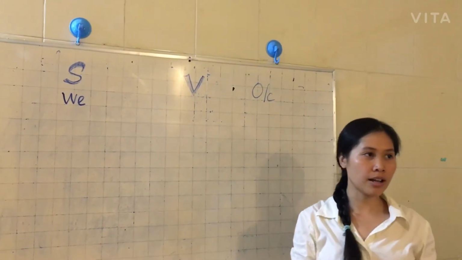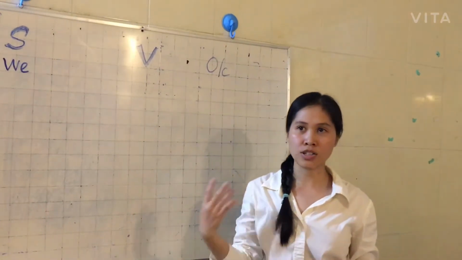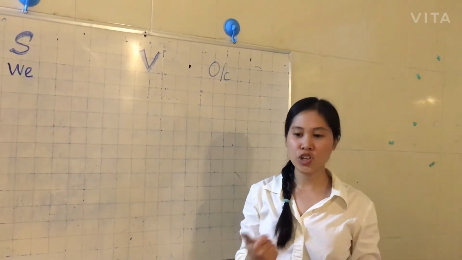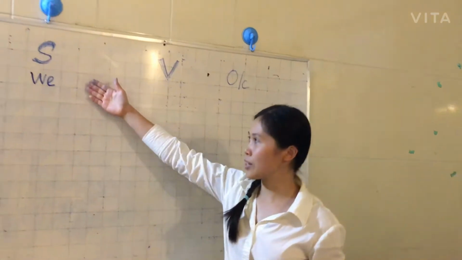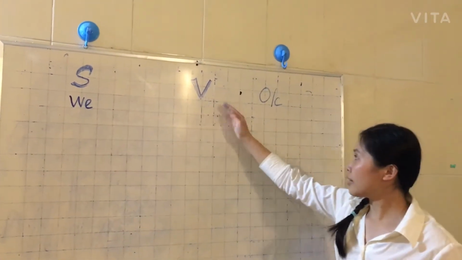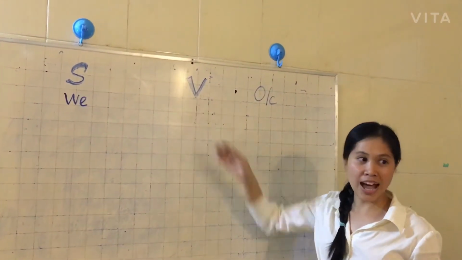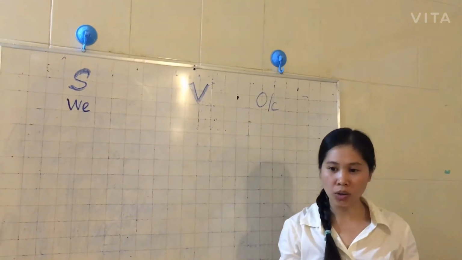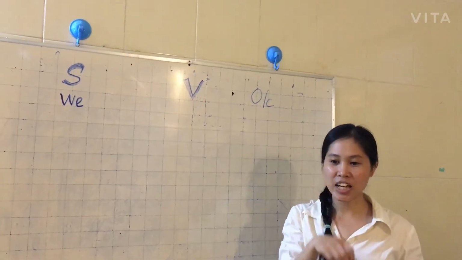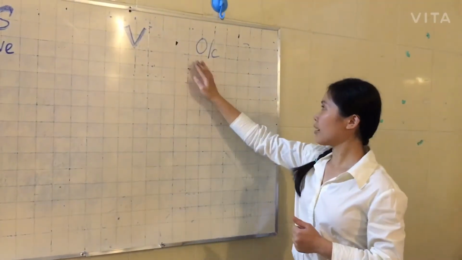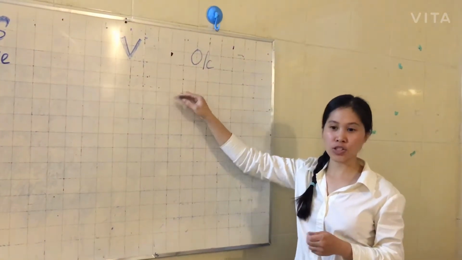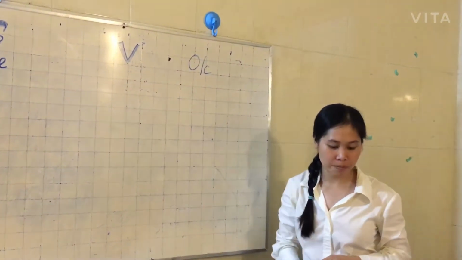For another subject, for example, I, you, she, but today we will mention we. And verb is the action like go, eat, drink, and object or complement is to modify the sentence.